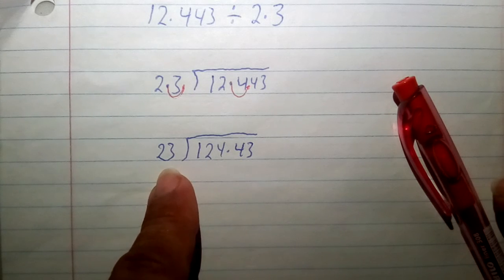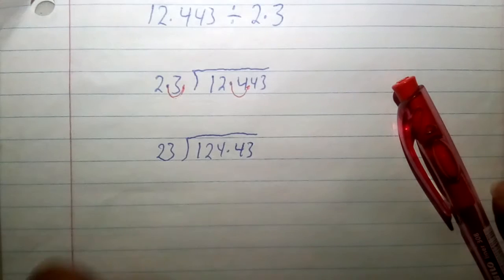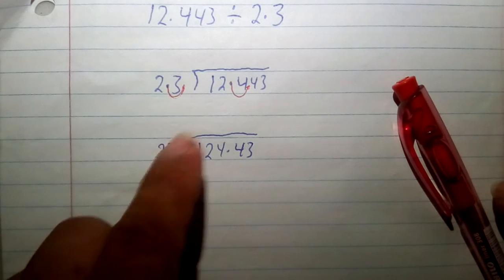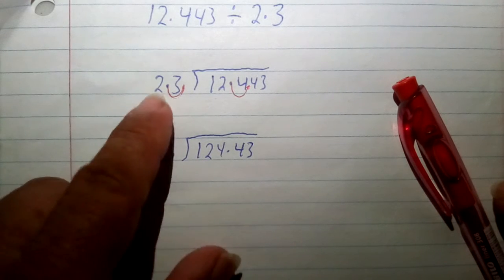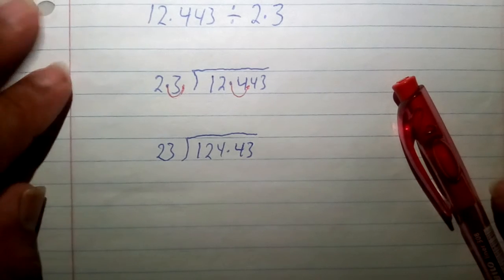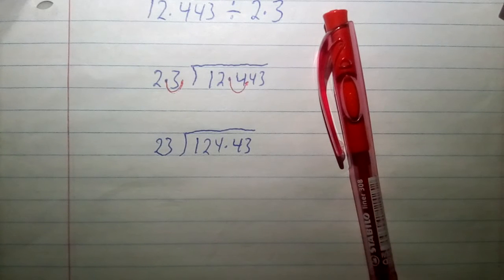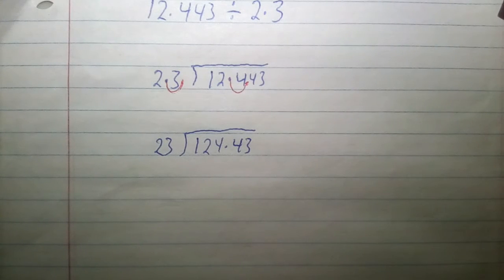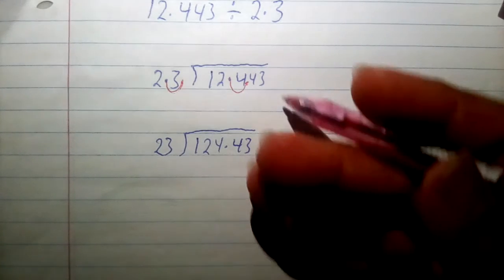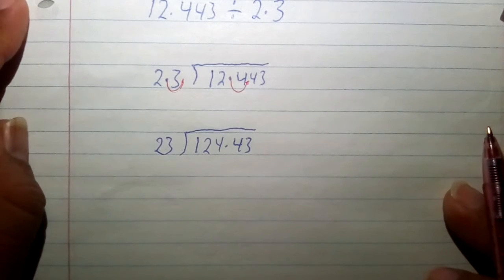All right, so 12.443 divided by 2.3 is the same thing as 124.43 divided by 23. Why? Because we have moved the decimal point the same amount of spaces. So we start. Okay, so here we go. I'm going to be using red to show the working from this point because we have moved our decimal. So that's the first thing you need to do.